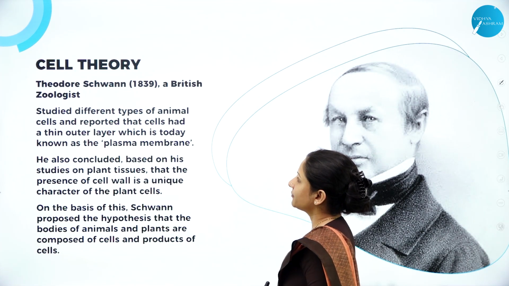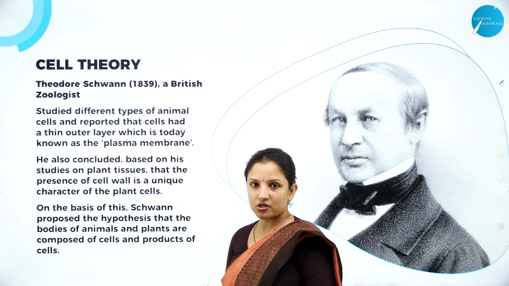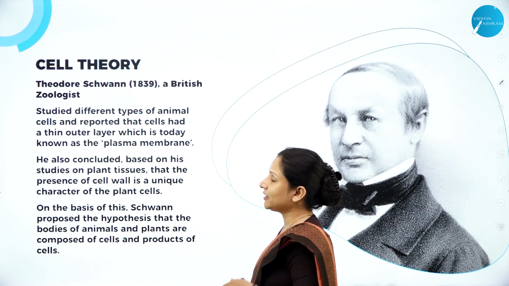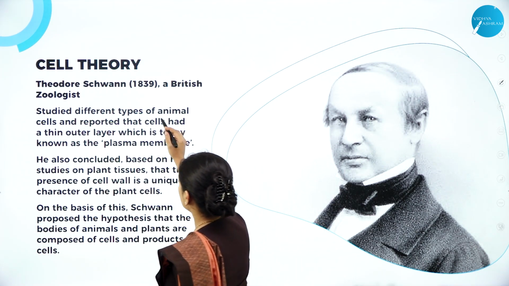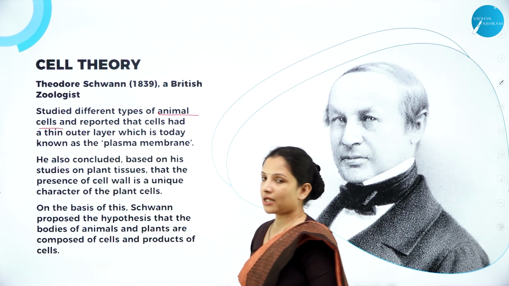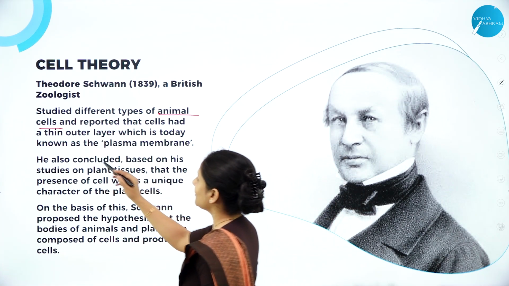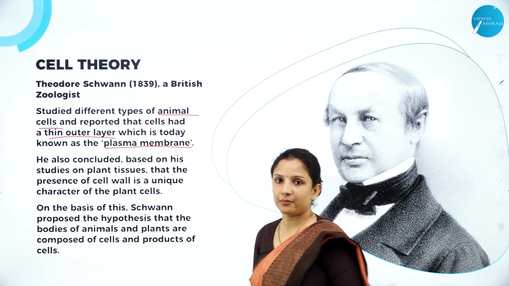Next, it is about Theodor Schwann. Theodor Schwann was a British zoologist who studied animals. In the year 1839, he studied different types of animal cells, and he found that animal cells are protected by a thin outer layer, which is called the plasma membrane.